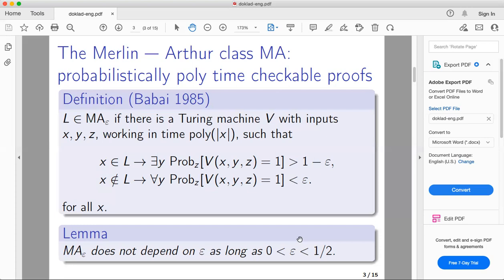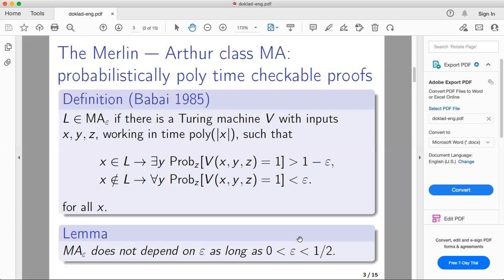And the requirements ensure that if X is indeed in L, then Merlin can find the proof which convinces Arthur that X is in L with probability close to 1. And if X is outside L, then whatever proof is provided by Merlin, it will be rejected with probability less than epsilon. So the second line means that Merlin can't cheat Arthur.